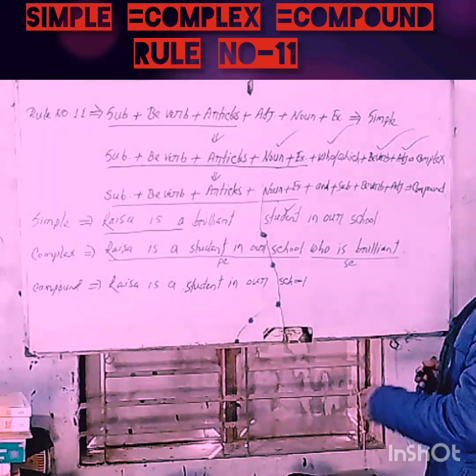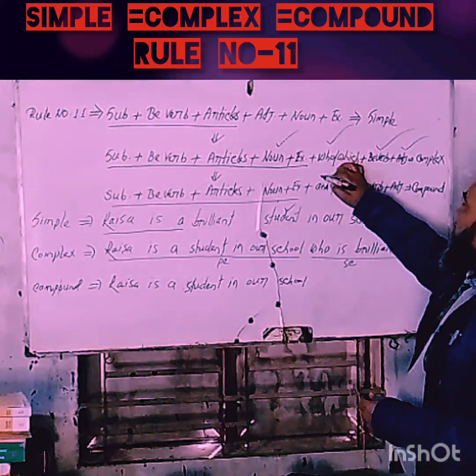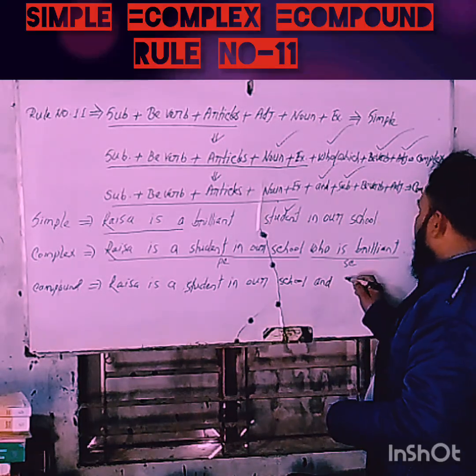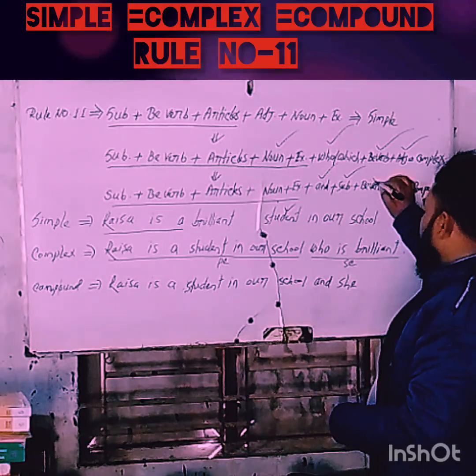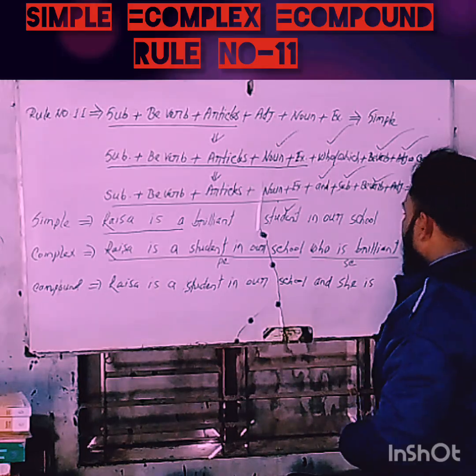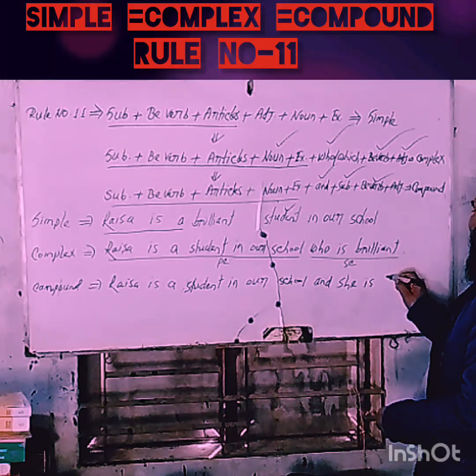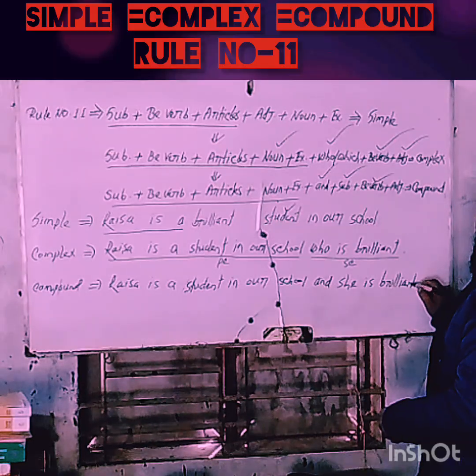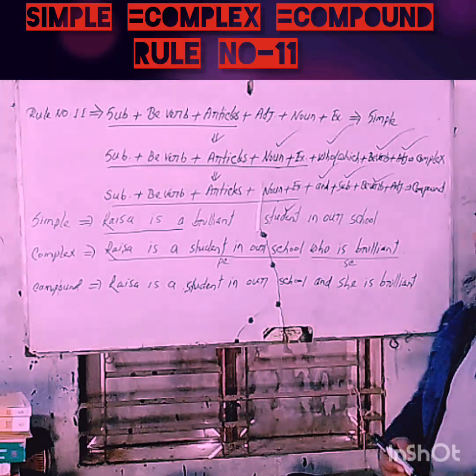Okay, my dear learners, now you have to write and in the middle of the statement, then write the subject again, then the verb, then write the adjective of this statement. My dear learners, take a look at the board and try to understand.